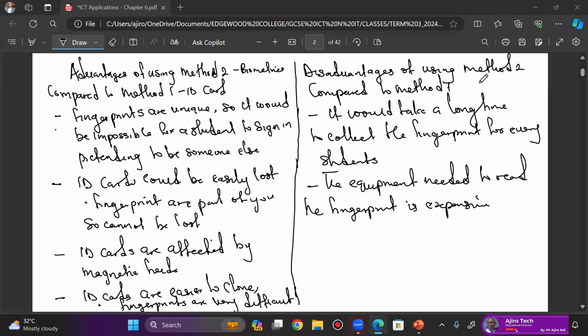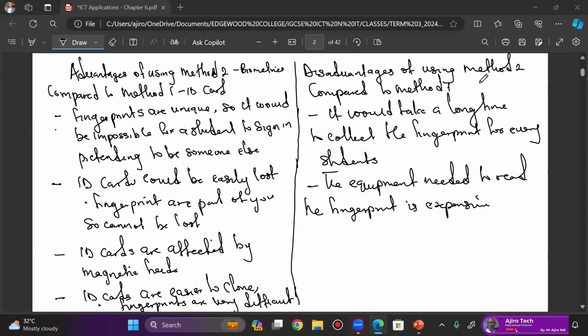If there's a cut in your fingerprint, the system might not be able to detect it, or may not be able to identify it.